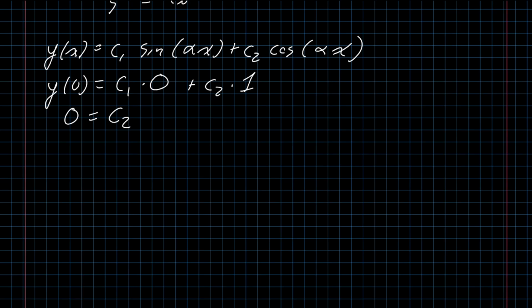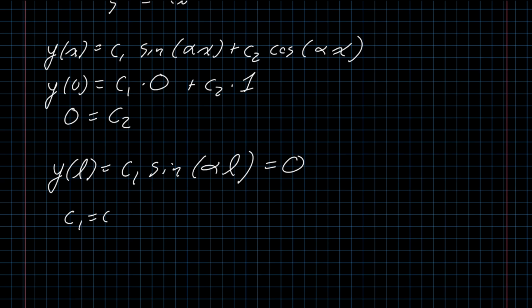But now when we evaluate at our second condition, y of L is going to be c1 times sine of alpha L. And this has to be equal to 0 because our boundary condition says that y of L is equal to 0. By the zero product rule, that means that either c1 is equal to 0, or sine of alpha L is equal to 0.